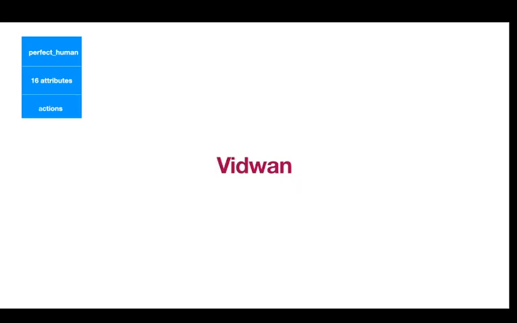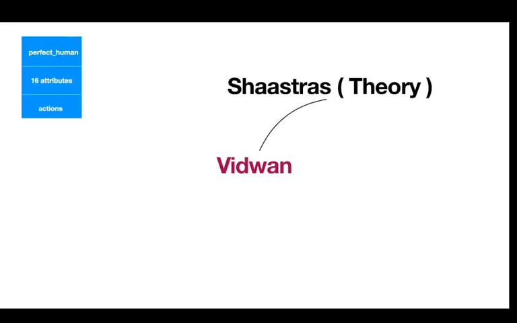Next is Vidwan. All knowing is the straightforward meaning. But to elaborate, let us say Vidwan is the person who has the theoretical knowledge. In Bharatiya tradition, we call it Shastra. So he should be having the knowledge of Dharma Shastra, Artha Shastra, Kama Shastra, and Moksha Shastra.